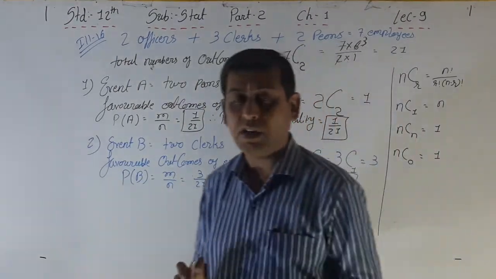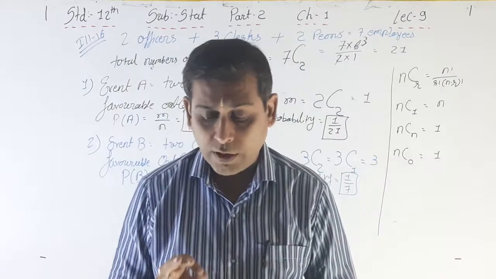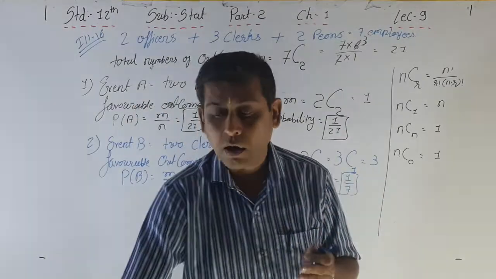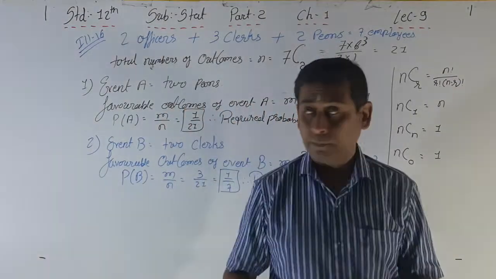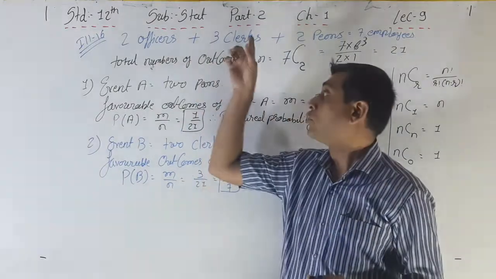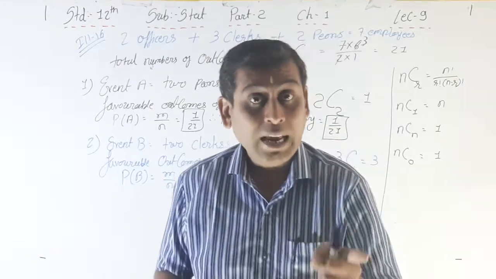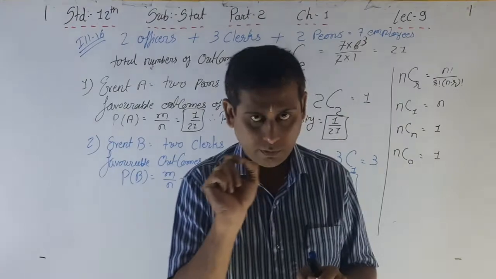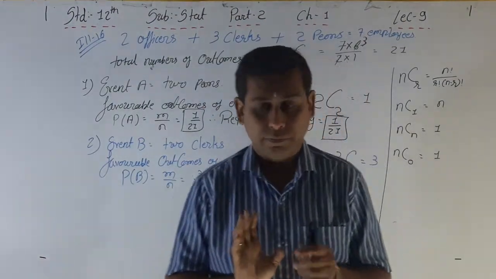Now the last event, but the important event, is 1 officer and 1 clerk among the 2 employees selected in a committee. Okay, so here how many officers are there? 2 officers, right? How many clerks are there? 3 clerks. So from 2 officers we have to select 1, and see the word and, underline that particular word and, right? So here and means multiplication.